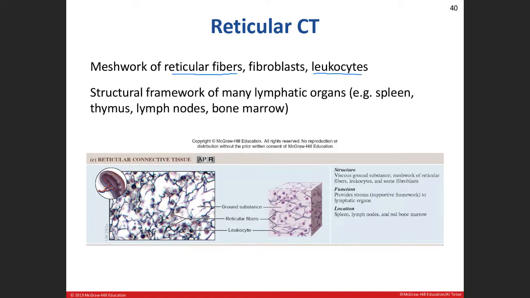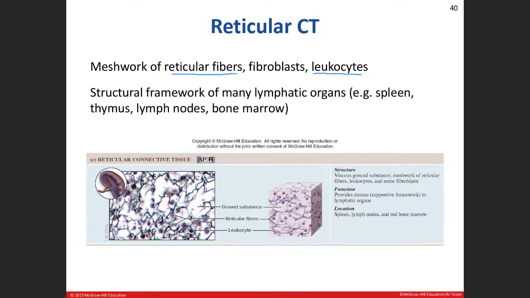You'll see this type of tissue in your lymphatic system, which includes, remember, your lymph nodes. If you're sick and you have some tenderness around your neck and head, people say, oh, I've got swollen lymph nodes. That's because a lot of white blood cells have migrated into that area, because part of the immune process is displaying whatever it is that's infected you to other white blood cells to initiate the immune process.